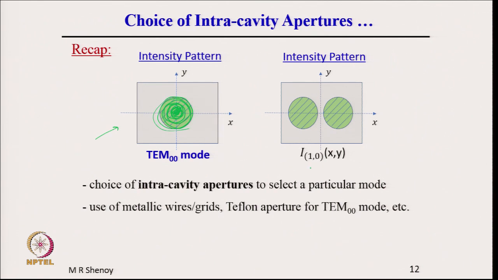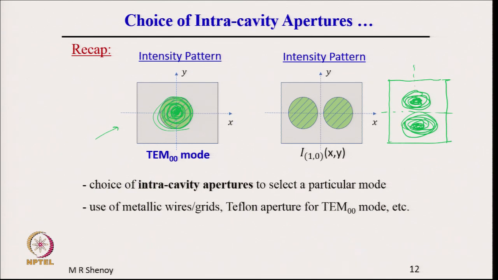Similarly, the intensity pattern of the next mode, that is I10, is given by this. There is a 0 at the center as you go along the x axis, and if we very quickly recall, if it was I01, we would have had a variation like this. So, we would have had a maximum here at the center and a 0.